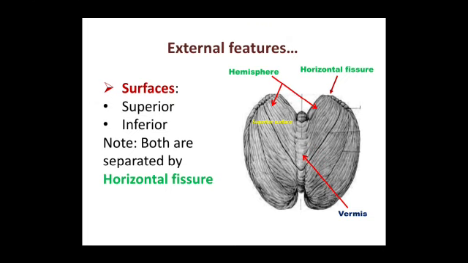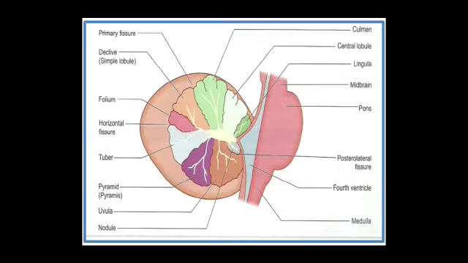It is further divided by a horizontal fissure into superior and inferior surfaces. Here you can identify the horizontal fissure which separates the superior from the inferior surface. Anteriorly you can see the pons and the medulla oblongata as well as the cavity of the fourth ventricle.